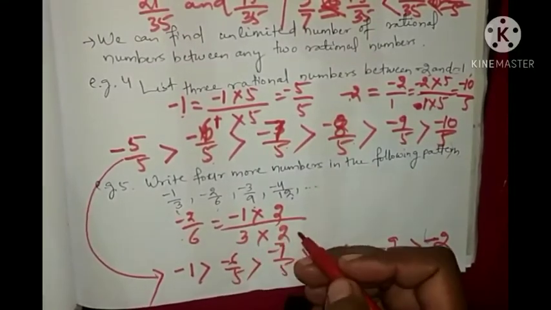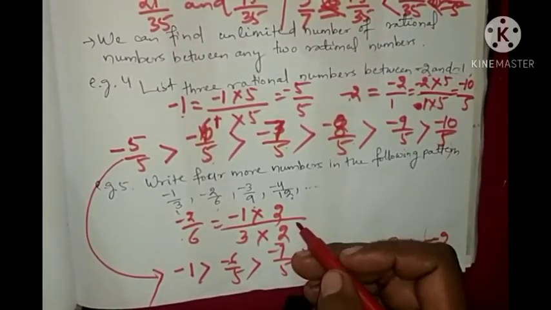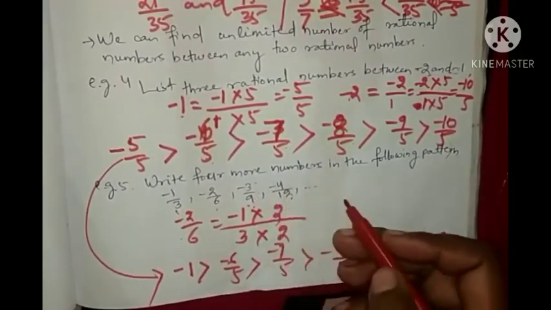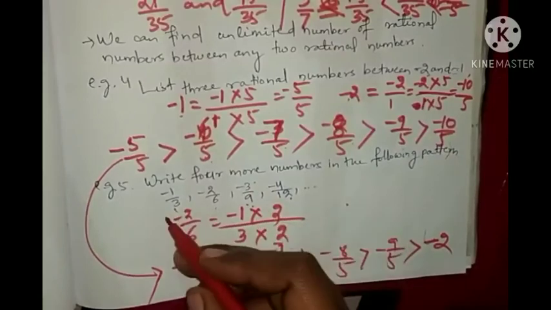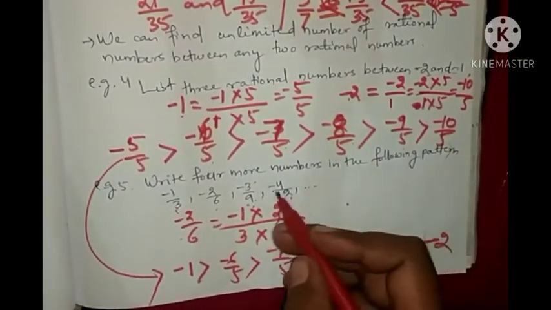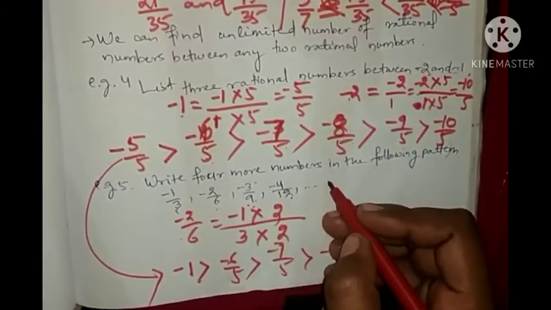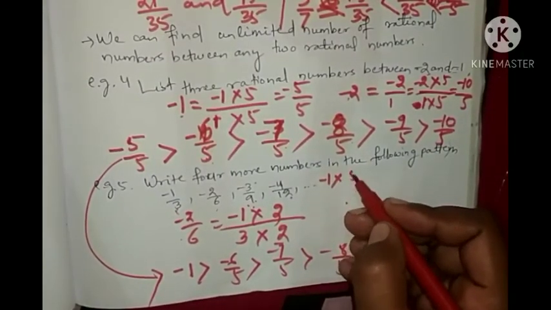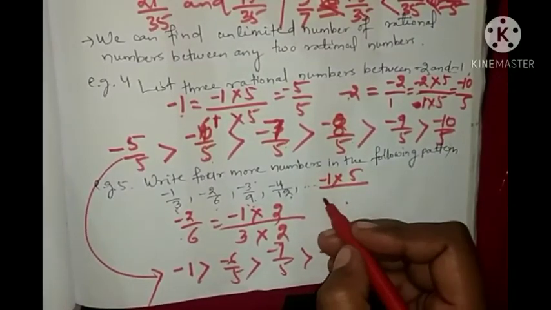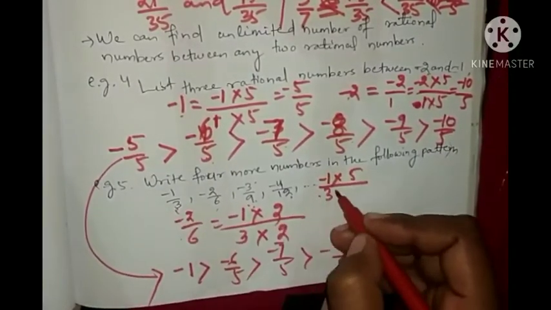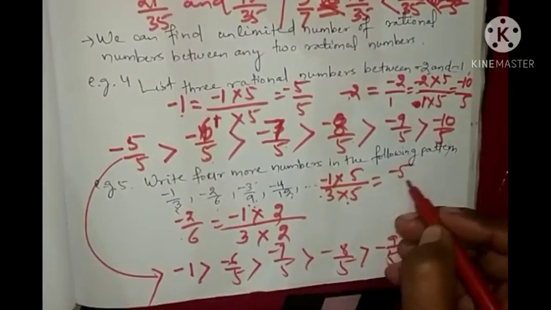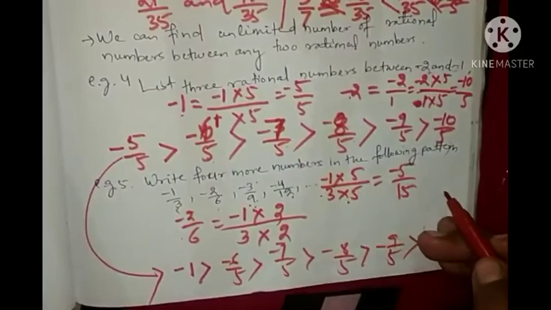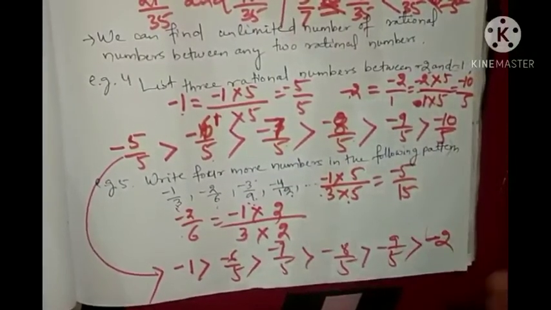For minus 3 by 9 we multiplied minus 1 into 3 by 3 into 3. Like this we will find 4 more. So minus 1 into 5 by 3 into 5 gives minus 5 by 15. Like this we will find 4 more rational numbers in this pattern.